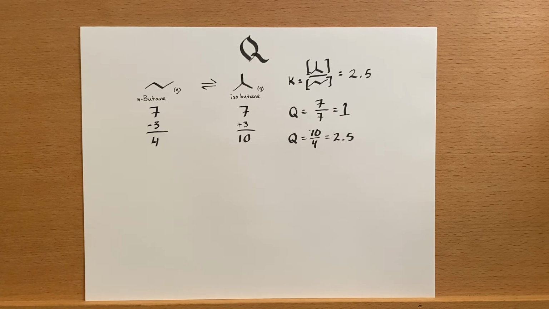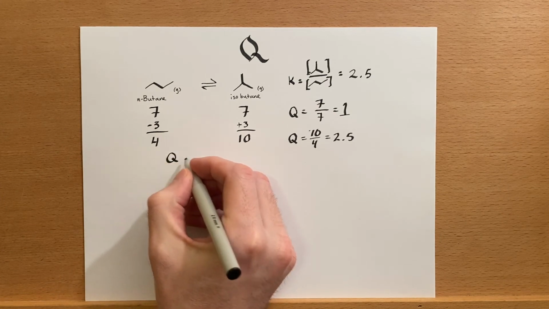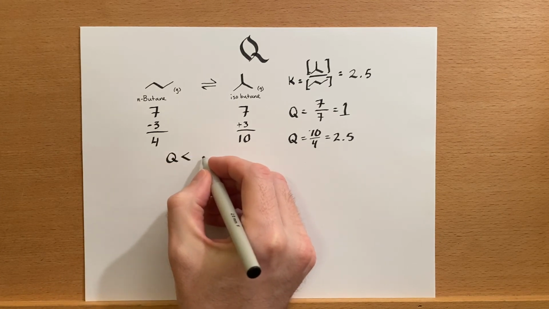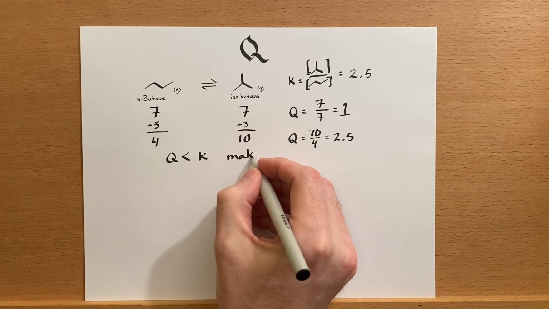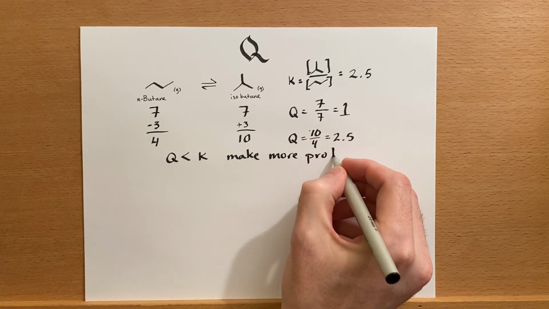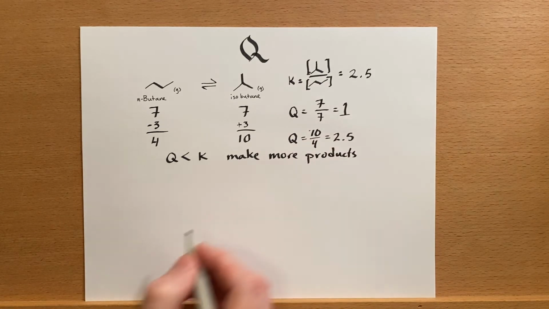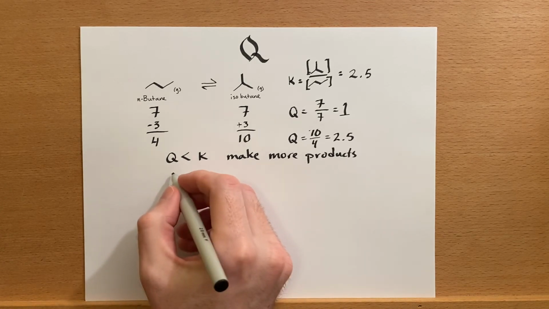And you'll notice that when Q is less than K, we'll need to make more products in order to reach equilibrium. And of course, if Q is equal to K, then we're at equilibrium.